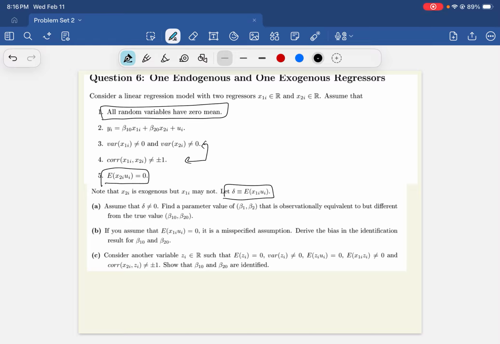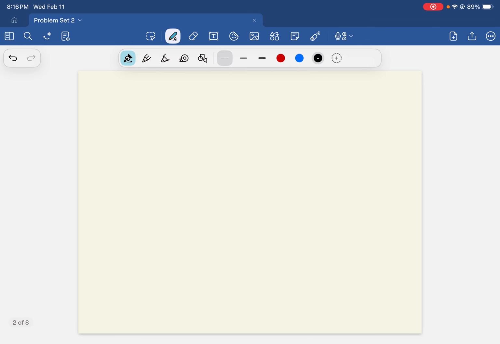So assume that delta is not zero. Find a parameter value that is observationally equivalent but different from the truth. This is actually no different from the earlier questions. Suppose that delta 0 is the true correlation between x1 and u, and then if you knew delta 0, you are going to get beta 1 0 and beta 2 0.